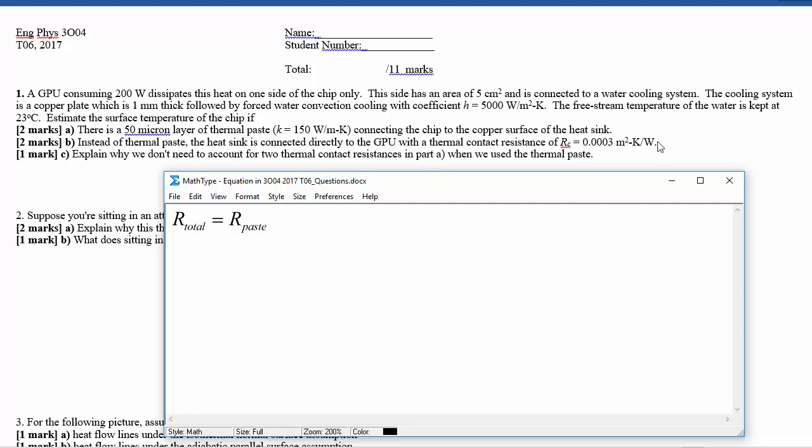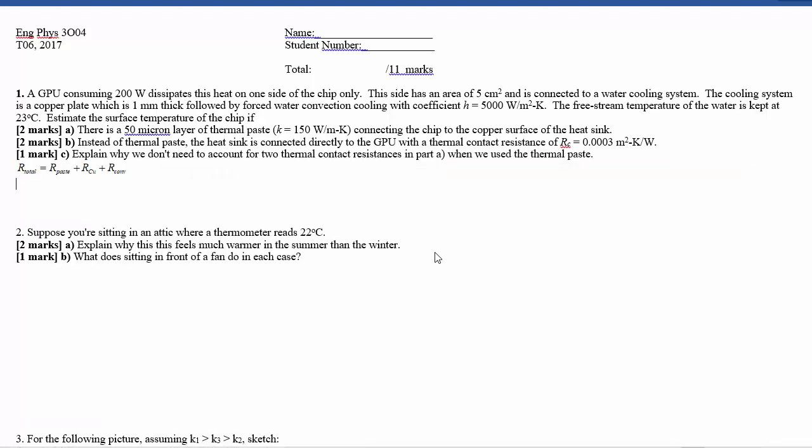Oh yeah, the cooling system is a 1 millimeter copper plate followed by forced water convection. So we've got first the paste, then conduction through the copper, and then the resistance of convection. Okay, so this is going to be the first setup: the resistance of the thermal paste, then the resistance through the copper, and then the resistance of the convection surface.